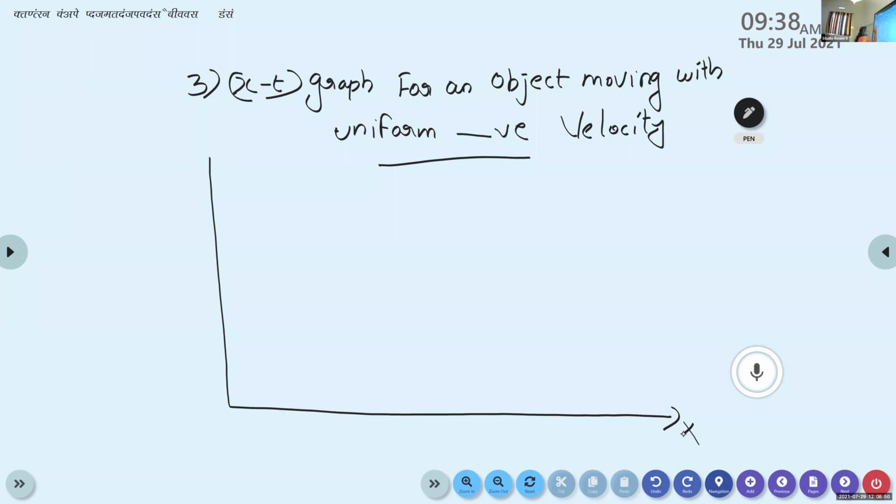Here we have the x-axis and y-axis, origin, time in seconds taken along the x-axis, position in meter taken along the y-axis.